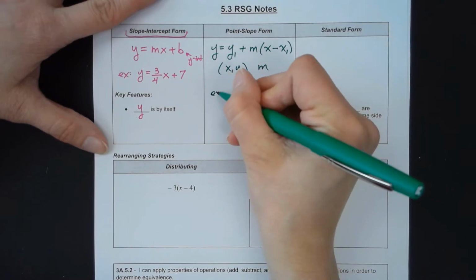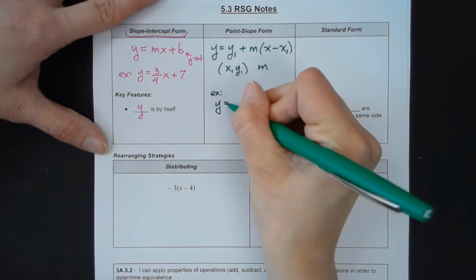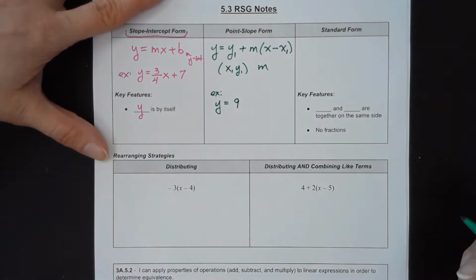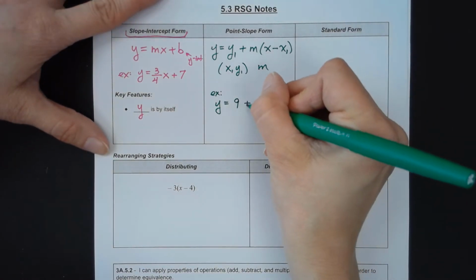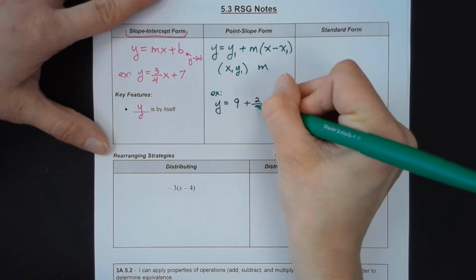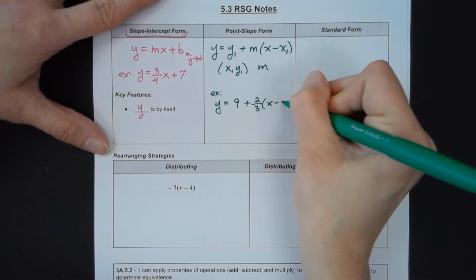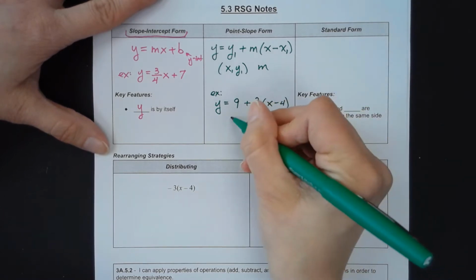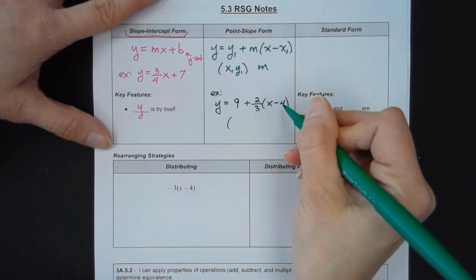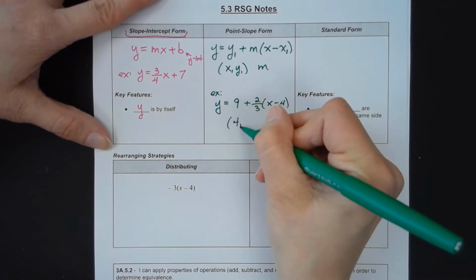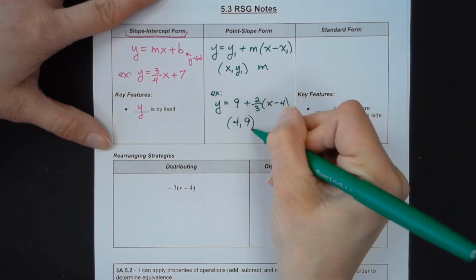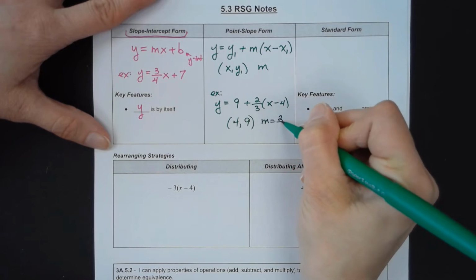Okay, for example, we might have y equals 9, the starting number is 9, and then we have plus 2/3 x minus 4. So the starting point, the number by x, would be the opposite of that 4, and the starting y value is 9, and then the slope is 2/3.